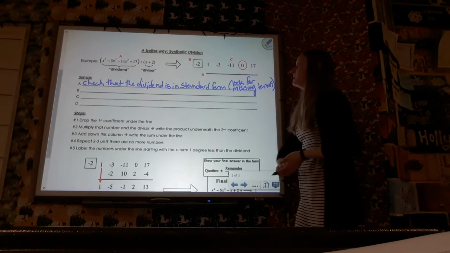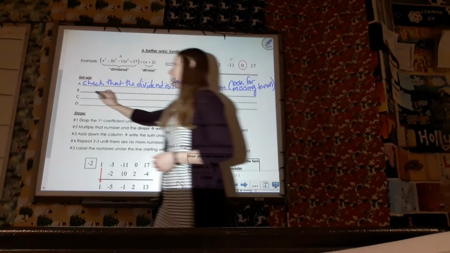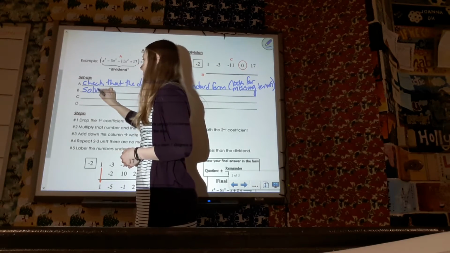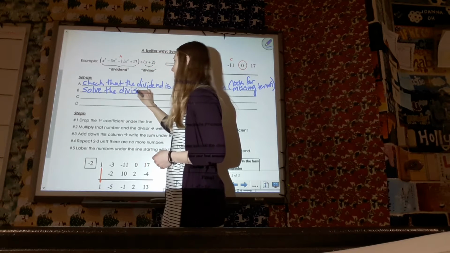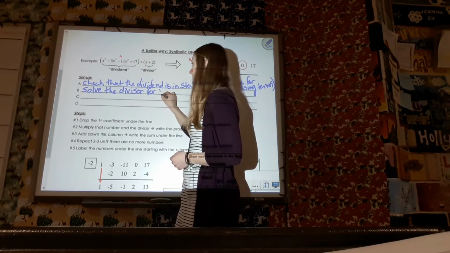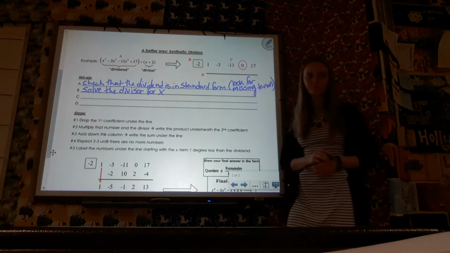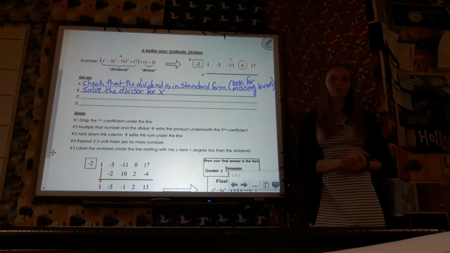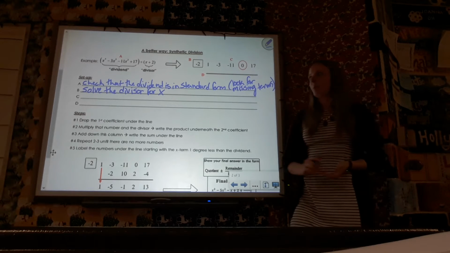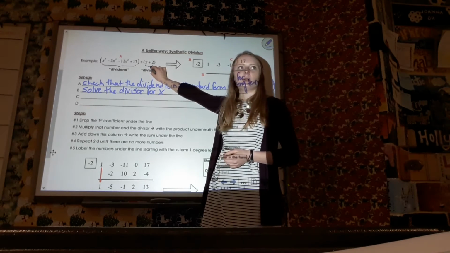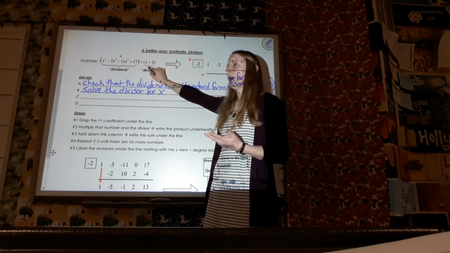Step B is to solve the divisor for x. The divisor is what you're dividing by, so you're going to find that here. It's going to be the linear polynomial or the binomial.